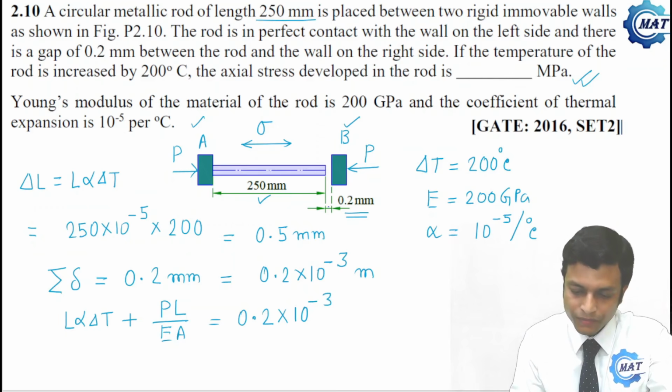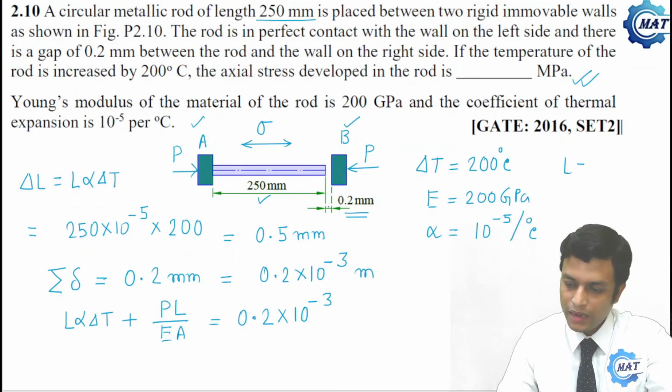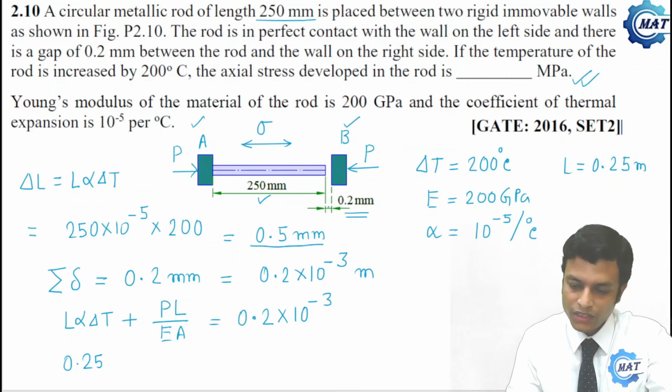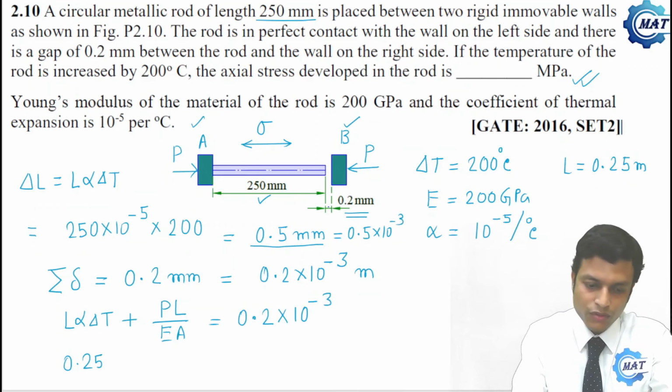So L is what? Here the value of L is 250 mm. In SI unit, this much meter, so L is 0.25. We have already calculated the value of L alpha delta T, that is 0.5 into 10 to the power minus 3. So let me put the value here directly.